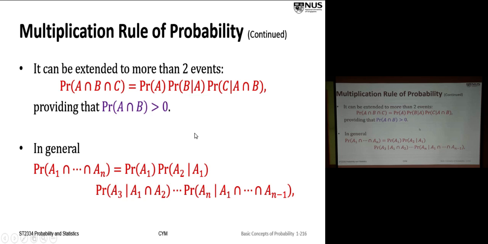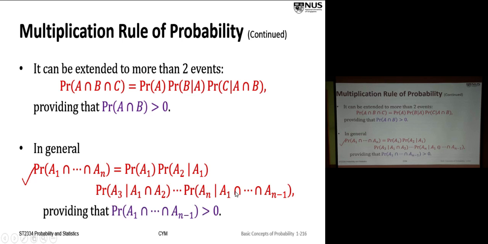In general, if you want all n events to occur, you calculate the probability of A1, times probability of A2 given A1, times probability of A3 given A1 intersect A2, and so on. This is the general way to present the multiplication rule. But usually two or three events are complicated enough for us.